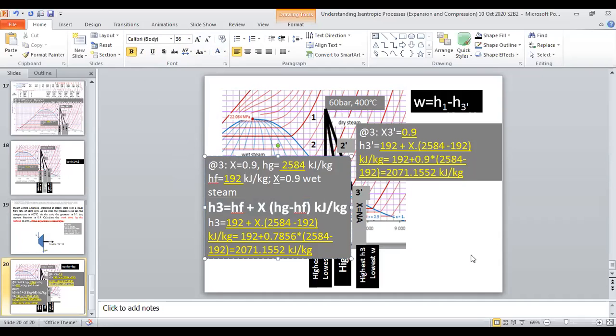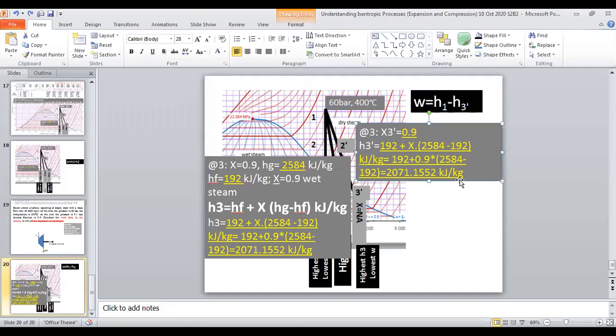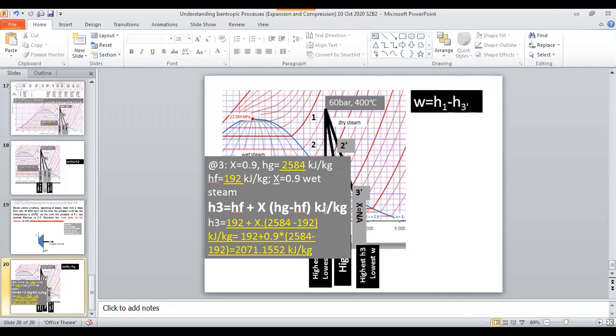So your H3 is calculated as 0.9 times this.